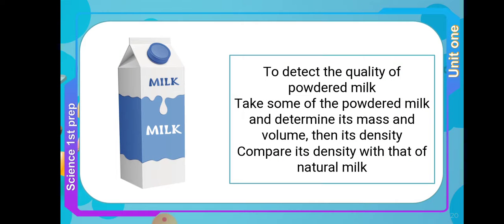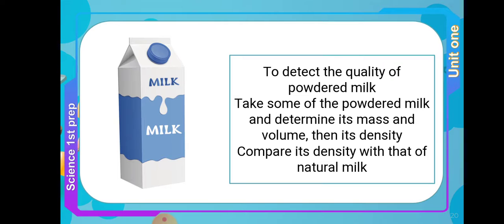Another life application: we use the density property to detect the quality of powdered milk. How can we use density to detect the quality of powdered milk? First, take some of the powdered milk, determine its mass and volume, and calculate its density. Its density equals the mass over the volume.